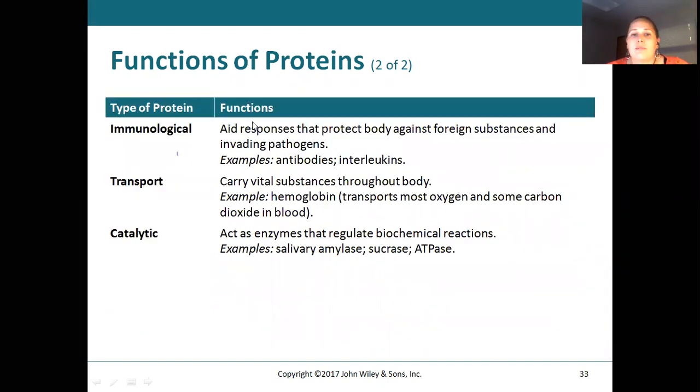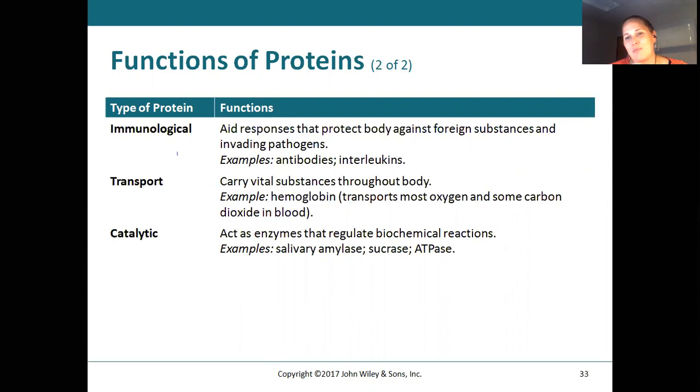Immunological, things like antibodies and interleukins. When your immune response gets activated, you have proteins that get released that allow you to identify non-self substances, and these are called antibodies. Antibodies are part of the way our immune system recognizes self from non-self. Transport.